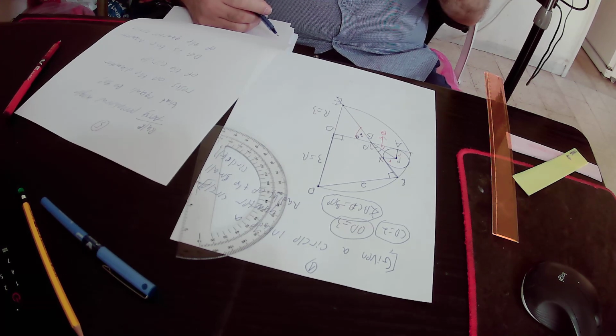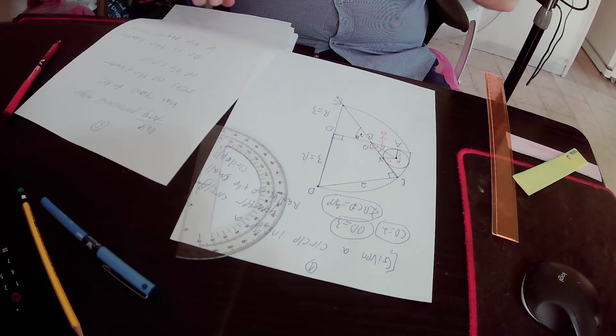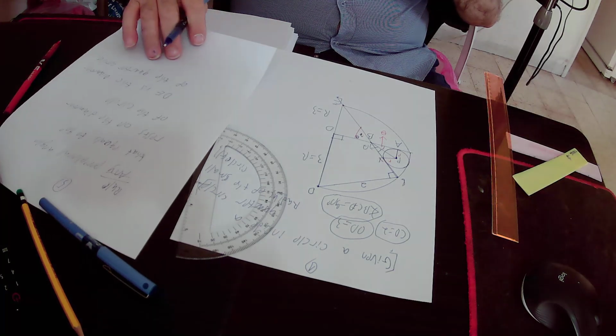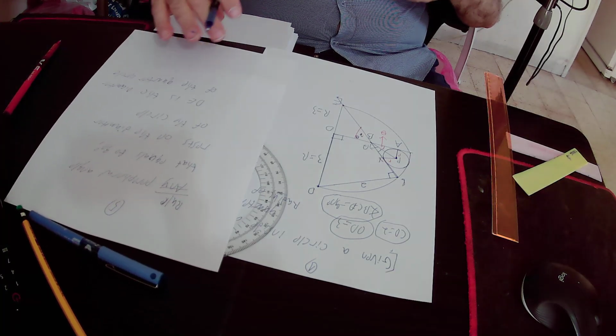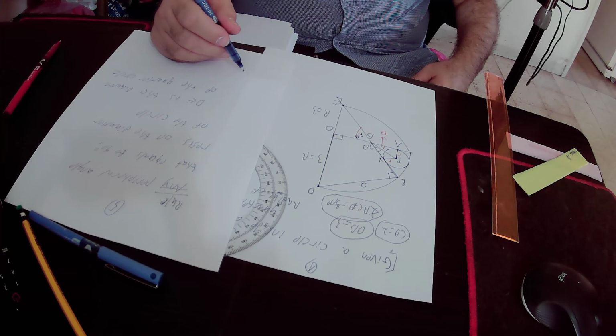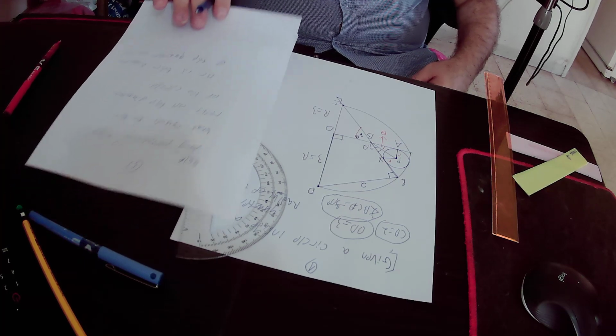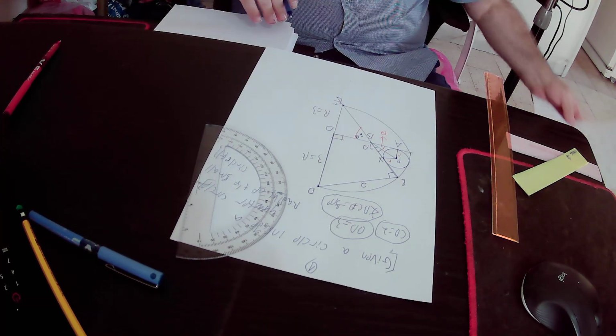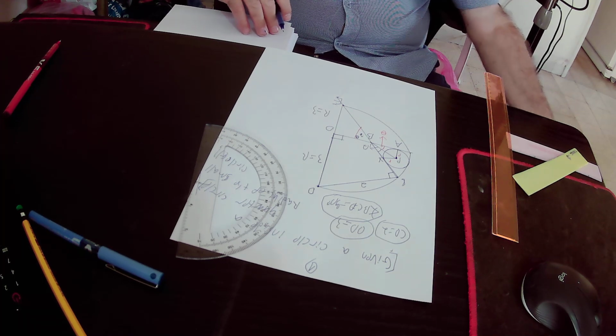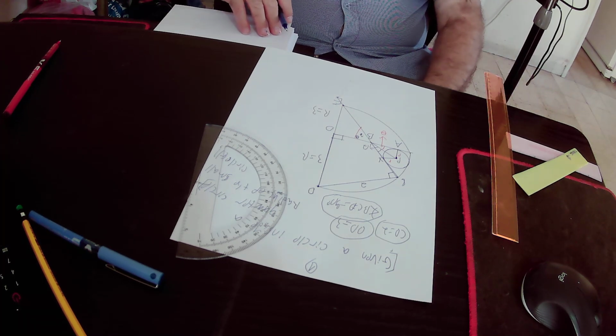DE is the diameter of the semicircle and the diameter of the quarter circle, and it is a straight line, and we have a rule that states that the sum of the angles on a straight line is equal to 180 degrees.